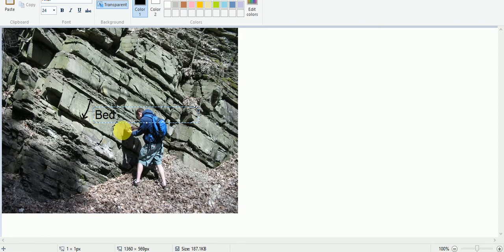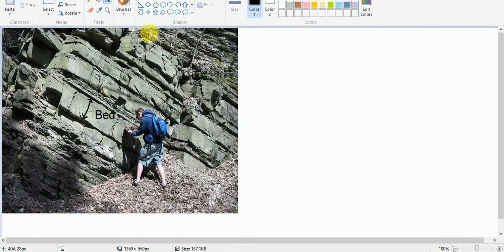So this is one bed and this is another bed. In between these two beds we have a boundary, and this boundary is known as bedding plane. And this bedding plane sometimes may be inclined. Say for example, this is a bed.